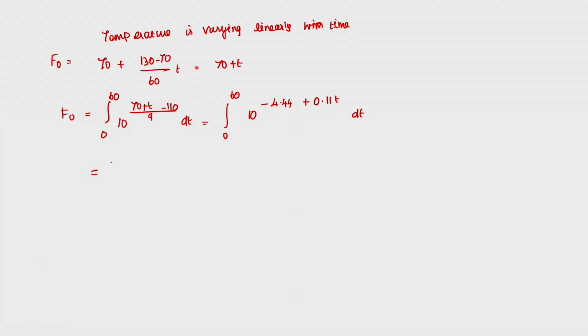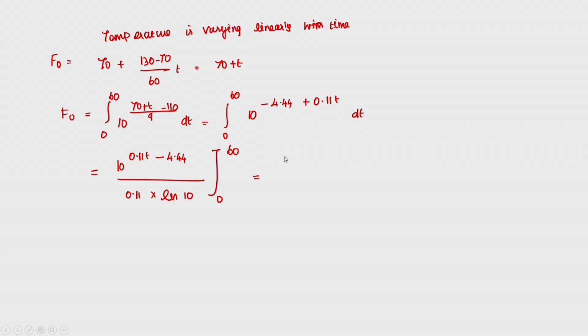So, this becomes 10 to the power of (0.11 t minus 4.44) divided by 0.11 into ln 10, 0 to 60.